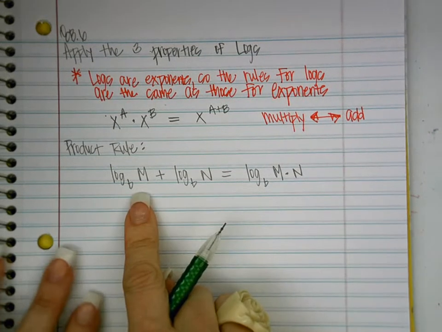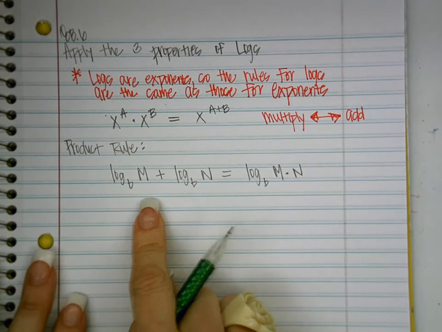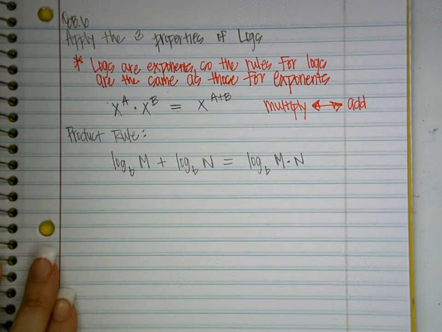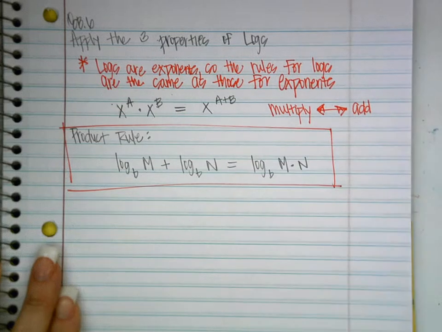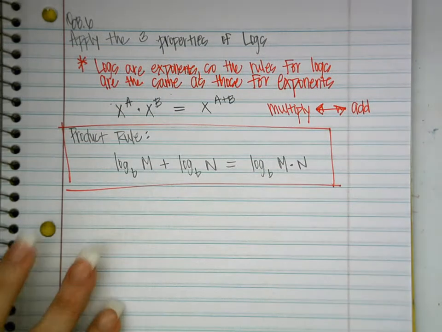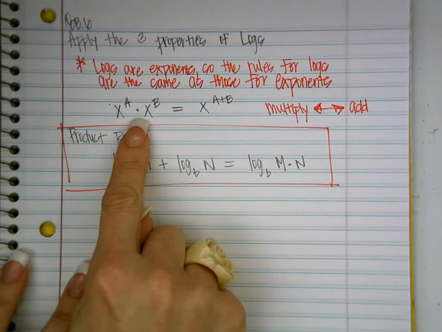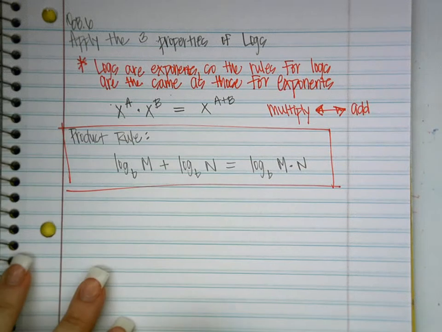So log base b of m plus log base b of n is equal to log base b of m multiplied by n. So just like with exponents, multiplication and addition go hand in hand, same thing here.